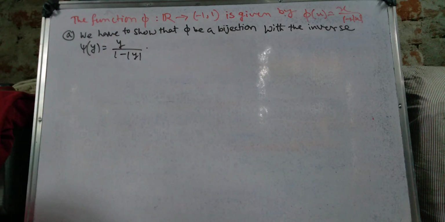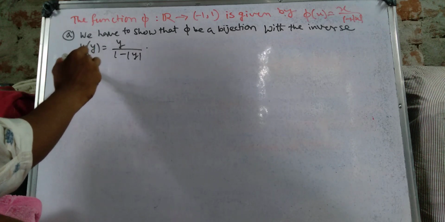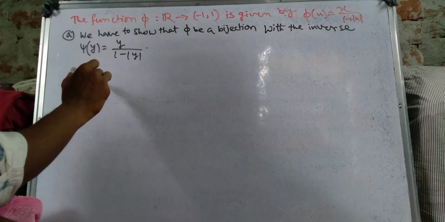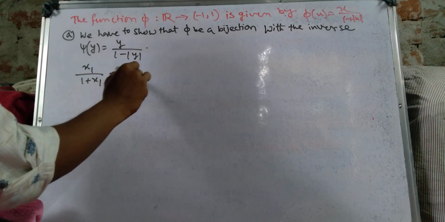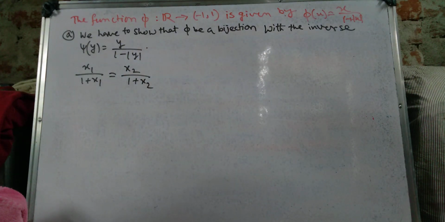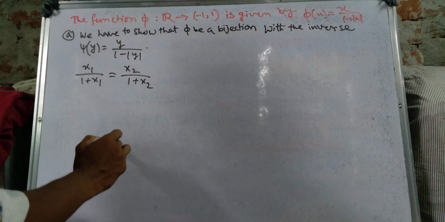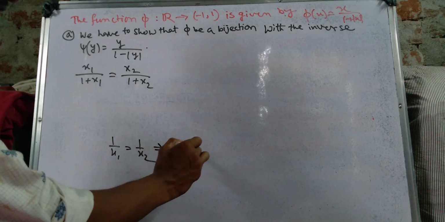Okay, then for x1 by 1 plus x1 equal to x2 by 1 plus x2, here 1 by x1 equal to 1 by x2 implies that x1 equal to x2.